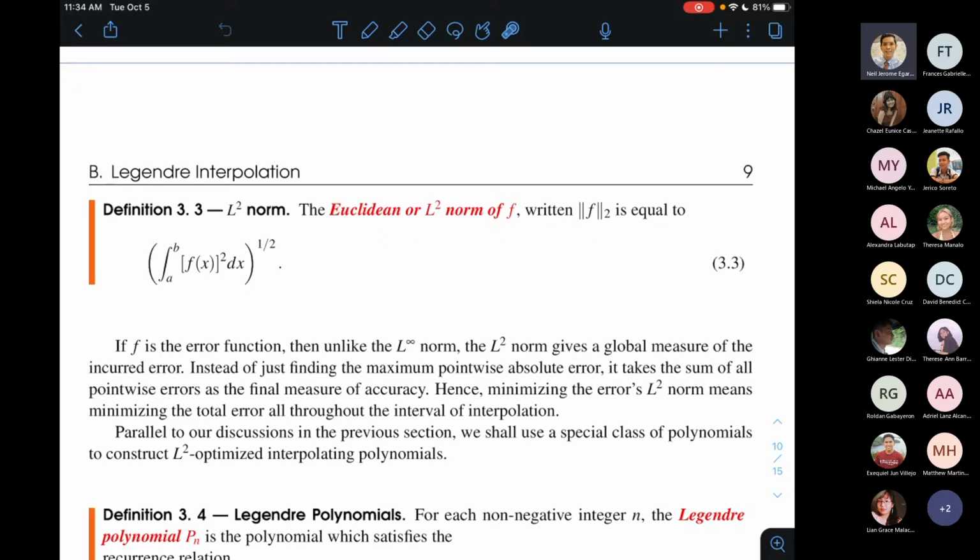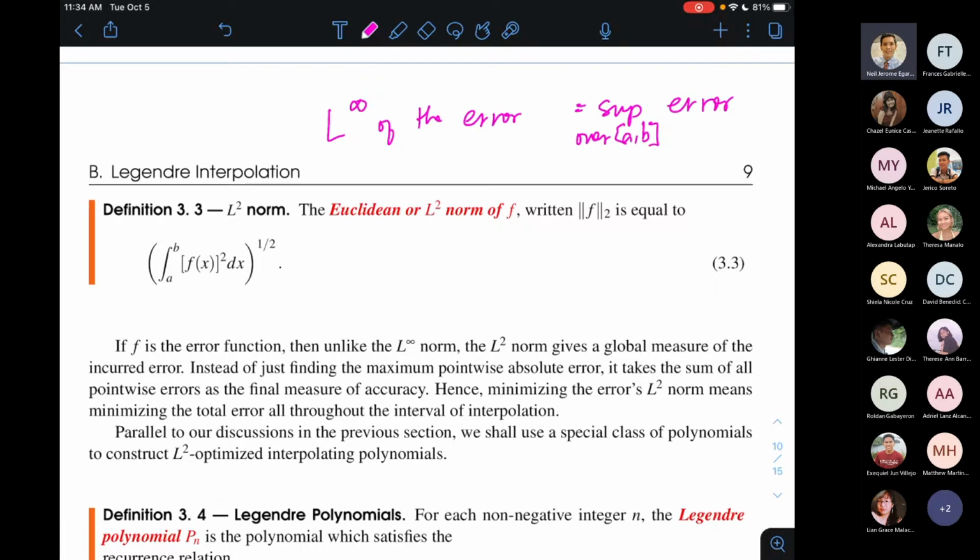global in nature. Remember yung L infinity norm ng error. Tingnan natin yung L infinity norm ng error. Ito equals sa supremum error over the interval AB, right? Kaya pwede natin itong tingnan as sort of a local measure of error.